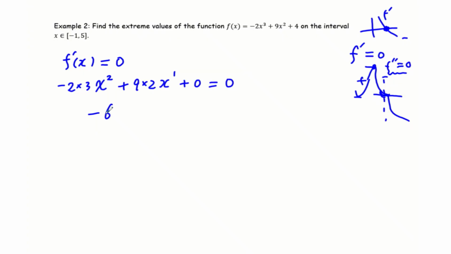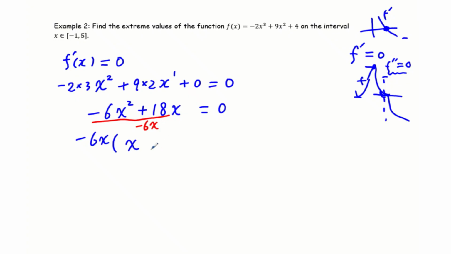So -6x squared plus 18x equals 0. This is a quadratic equation, and we have the common factor -6x that we can take out. Then each term is going to be divided by -6x. So -6x squared divided by -6x, we have x left.